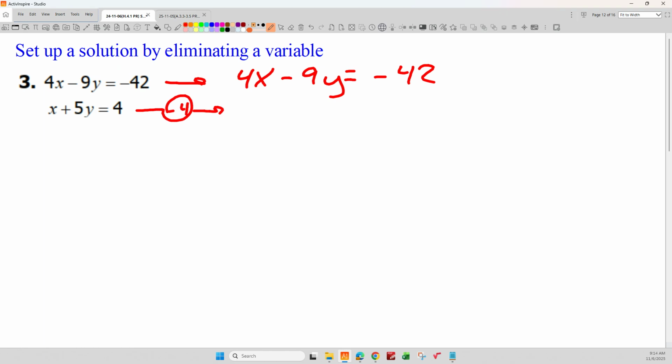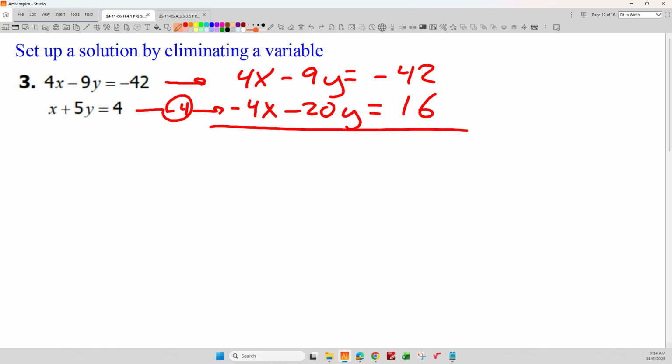If I distribute a negative 4 all the way through, what do we get? Negative 4x minus 20y equals 16. Okay? So now we can eliminate the x's when we add vertically.